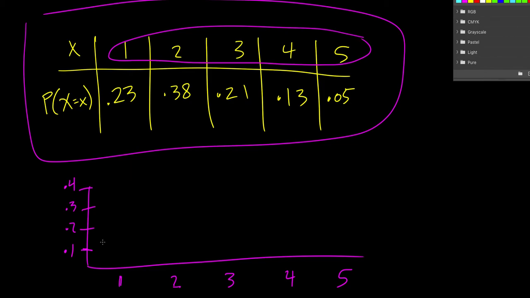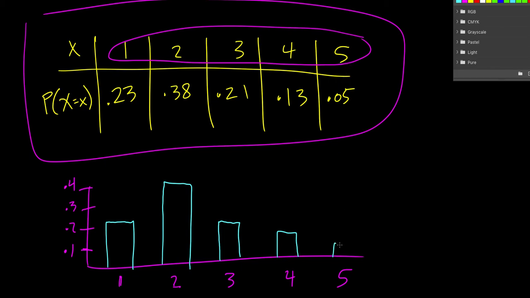Okay, 1 is about 23%, so it's going to go a little bit past the 2. 38 almost gets to the 4. 21 goes a tiny bit past the 2, but not as much as this one did. That's 13, so about there, and then 5 about there. Okay, so that's our plot.